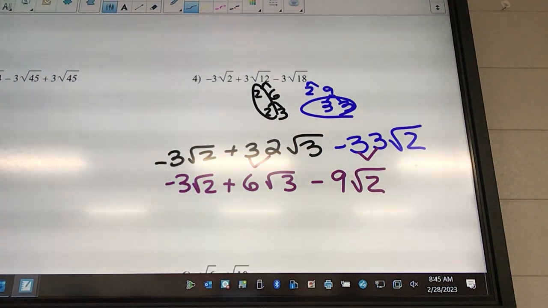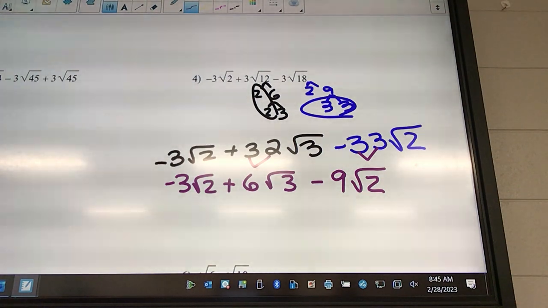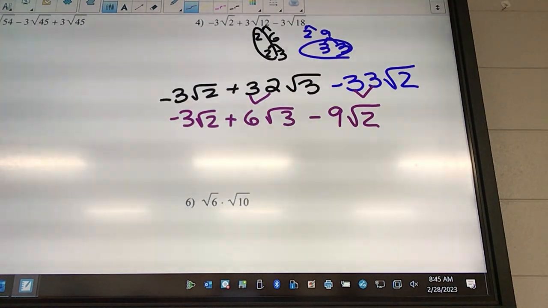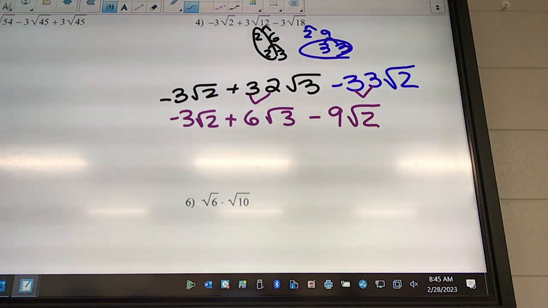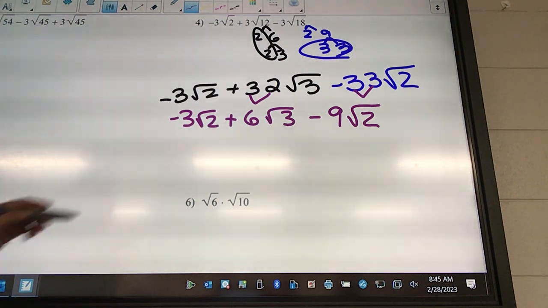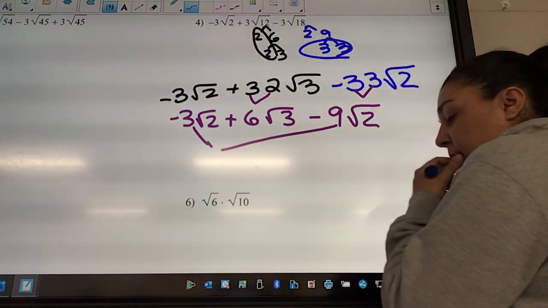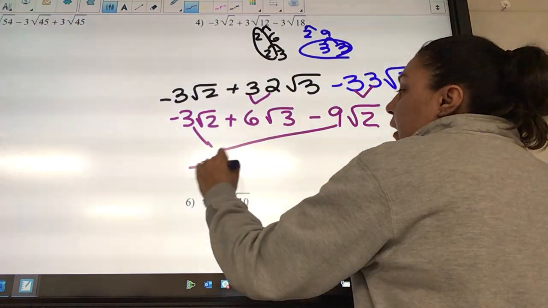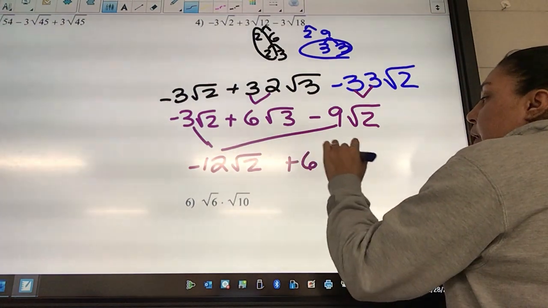Okay, so of those groups, what can we combine? Who can go? Yeah, that negative 9 and that negative 3 to make us what? What's negative 9 minus 3? Negative 12 square root 2 plus 6 square root 3.